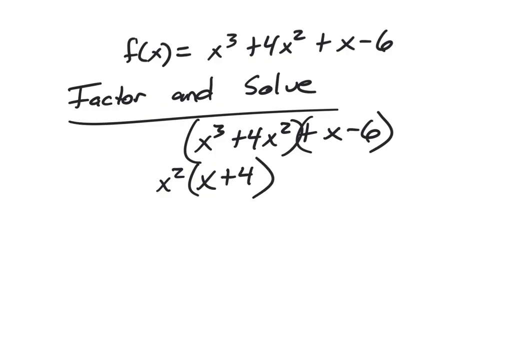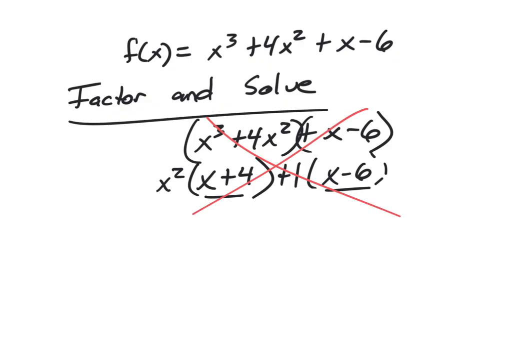These 2 don't have a GCF, so the only thing I could take out is 1, and that leaves me an x minus 6. These 2 are not the same, so grouping doesn't work here. You can always try it, because that's kind of our go-to, but here, grouping does not work. It doesn't help us.